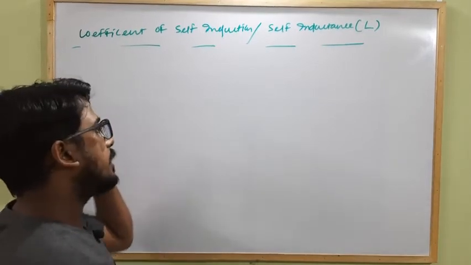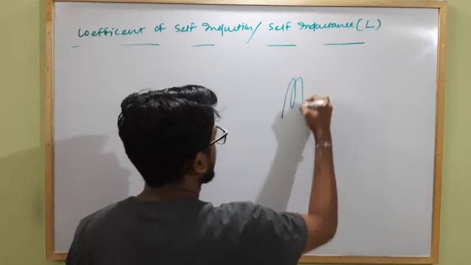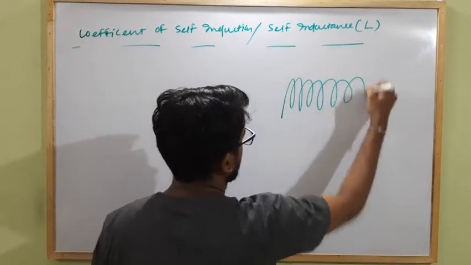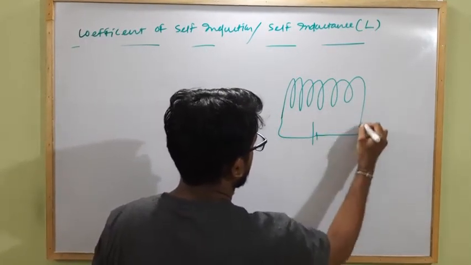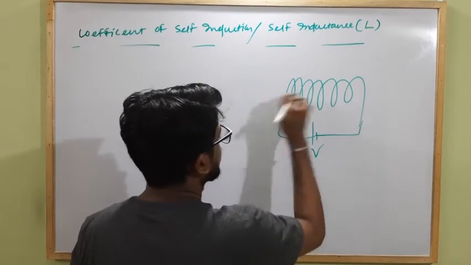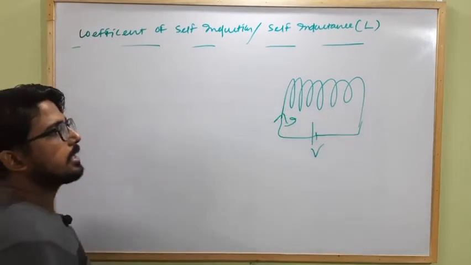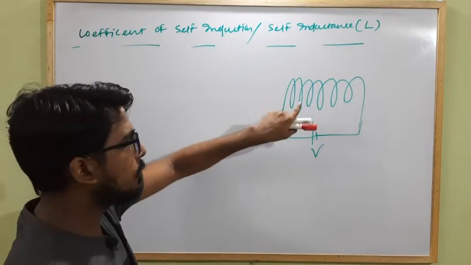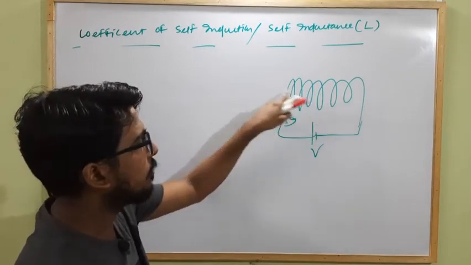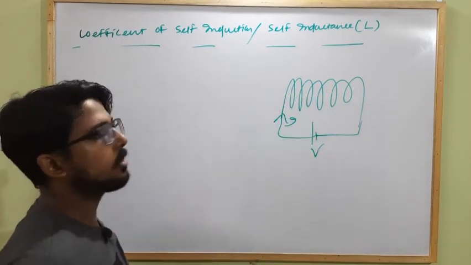Because we know when in an inductor a current I is flowing through it, it will generate a magnetic field, and due to the magnetic field, the magnetic flux linked with each turn of the inductor will change.